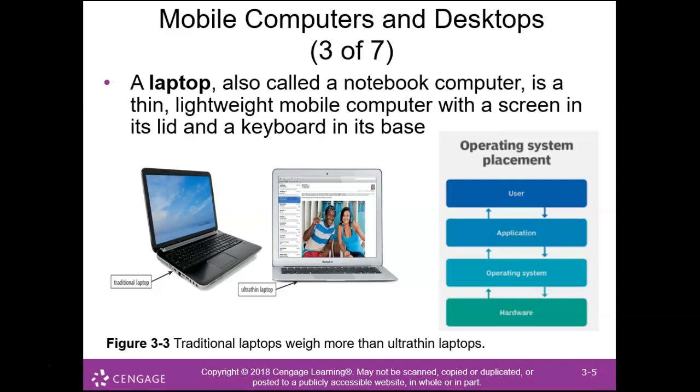So personal computers are often also differentiated by their operating systems, most of which are the Windows operating system or Mac OS, which is really an Apple operating system. So an operating system is software that supports the computer's basic functions, such as scheduling tasks, executing applications, controlling the peripherals like the mouse and the keyboard, etc. And you can see on the diagram on the right the placement of the OS in the order of things, right?